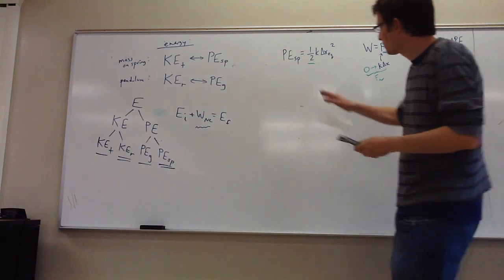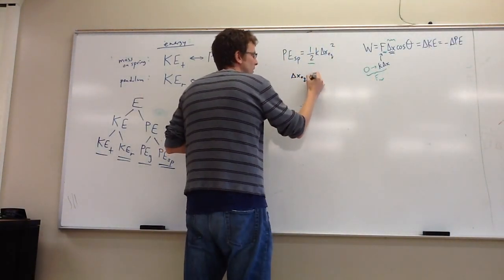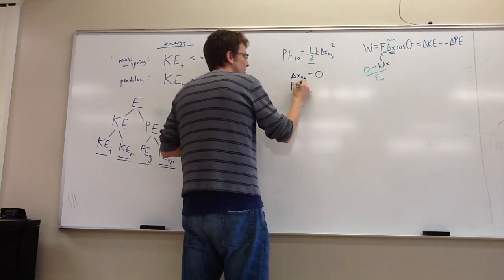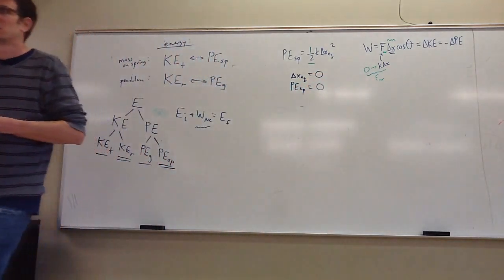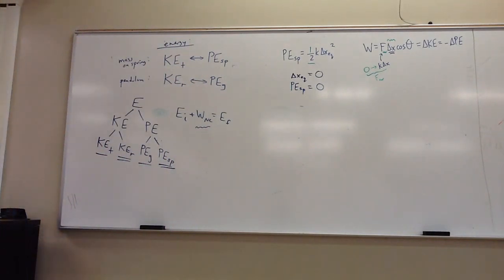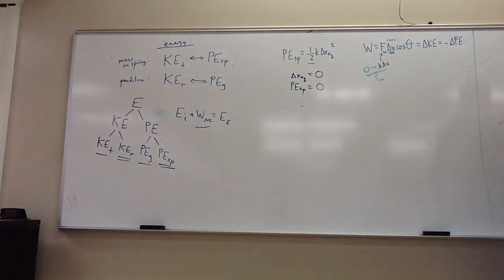Okay? So notice that this equation says that if the displacement from equilibrium is 0, the spring stores no energy. Which hopefully makes intuitive sense, because if you release the spring there, nothing will happen. There's no energy that is stored that could come out, right?